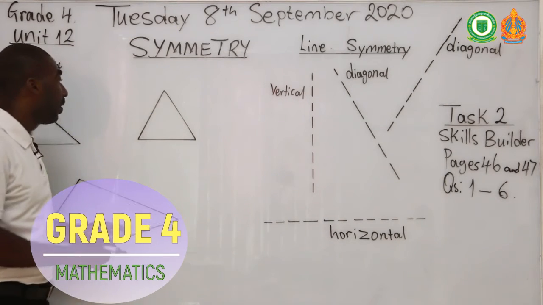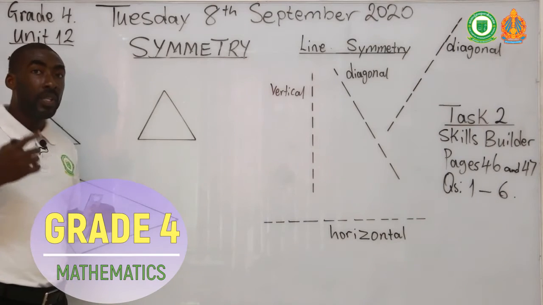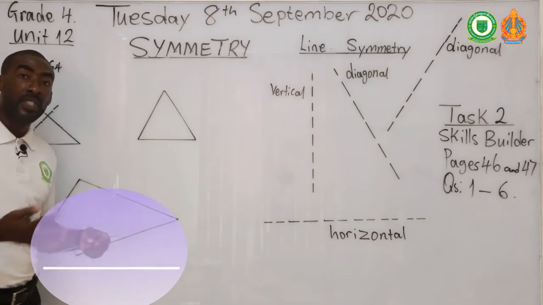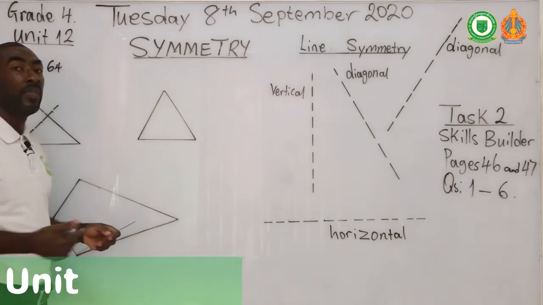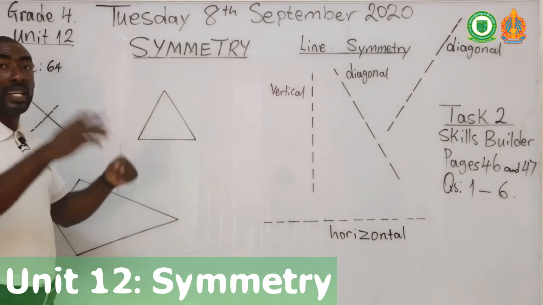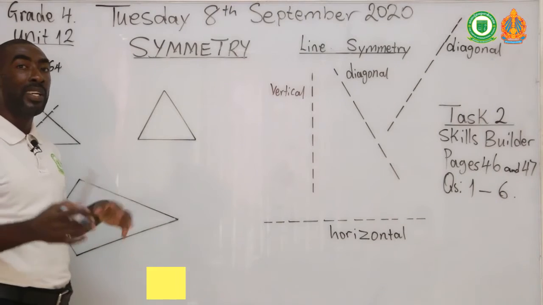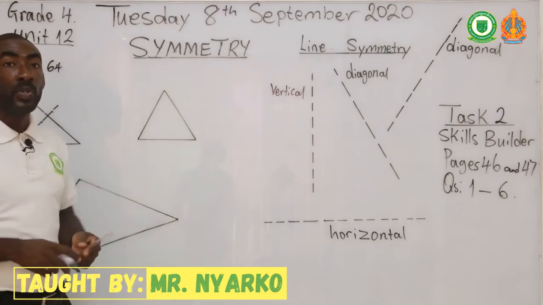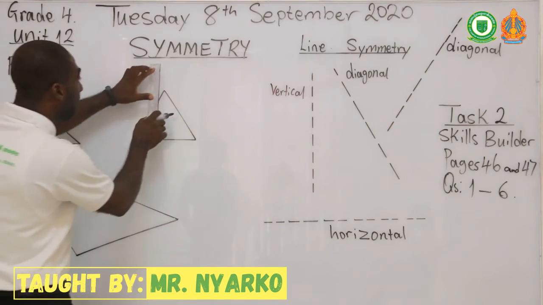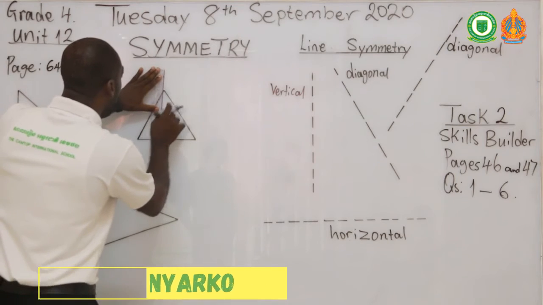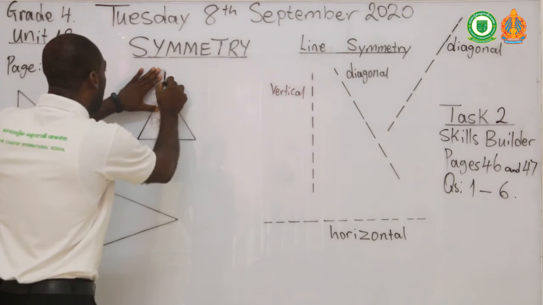So that means we can do three lines of symmetry into this particular drawing because all the sides are equal and it's having three corners. So we can stand in any of the corners and then we put our line of symmetry inside. Okay, so first we will do the vertical line of symmetry.